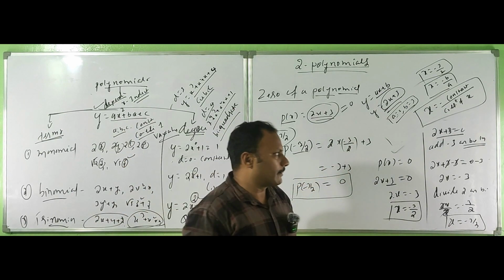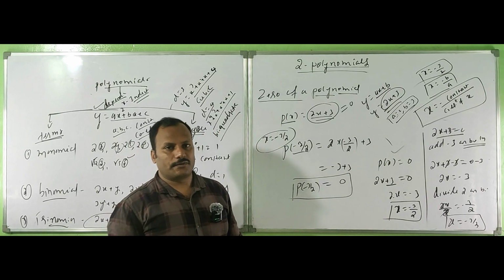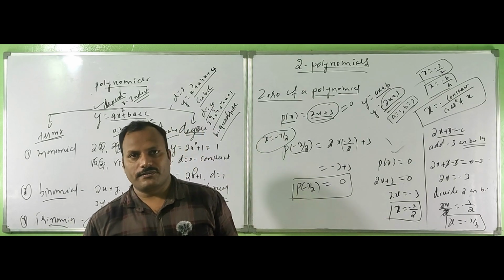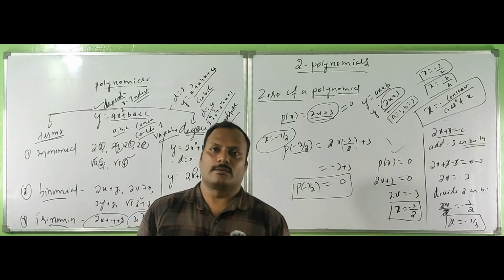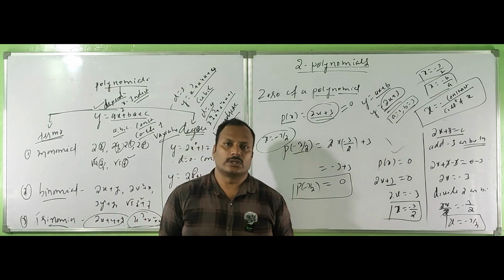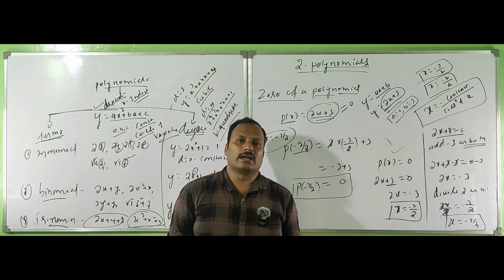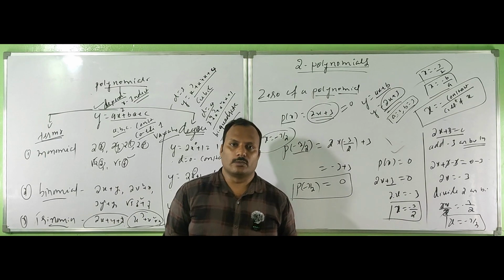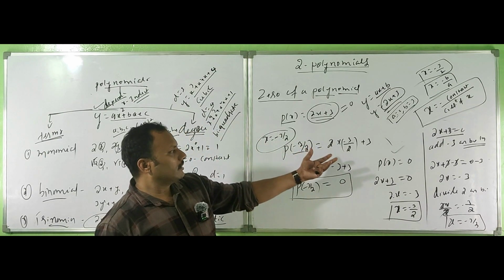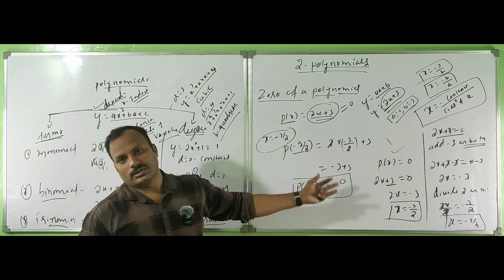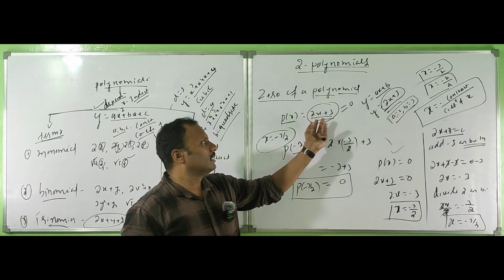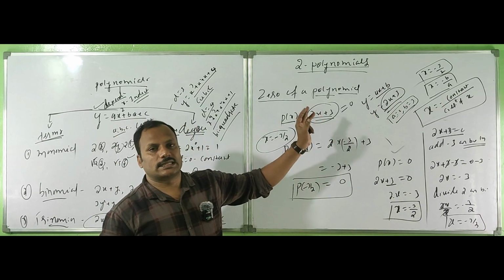So what is the zero of the equation? Again, revision: the value of x where the algebraic expression becomes 0 is called the zero of a polynomial. For example, minus 3 by 2 is the zero of the polynomial 2x plus 3.